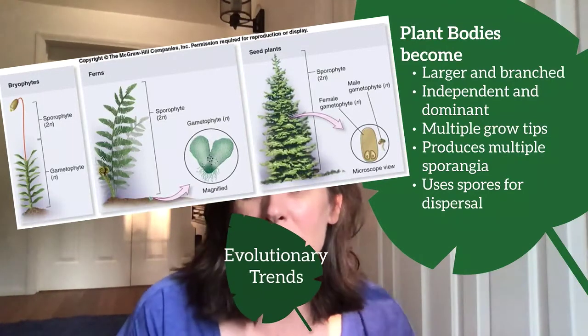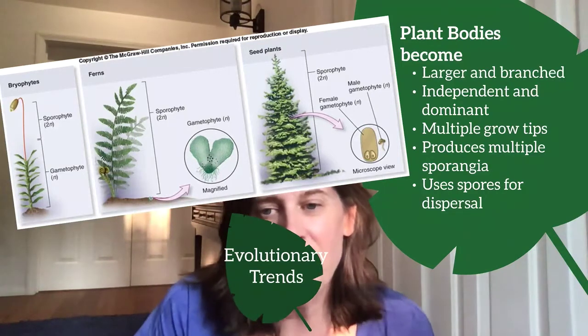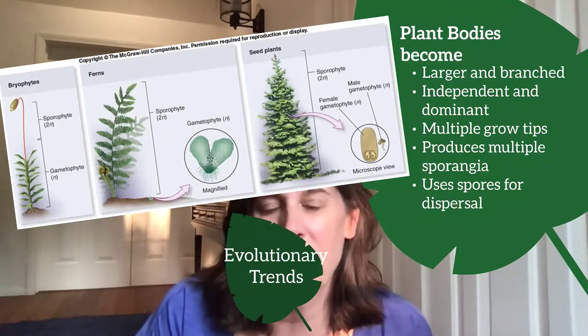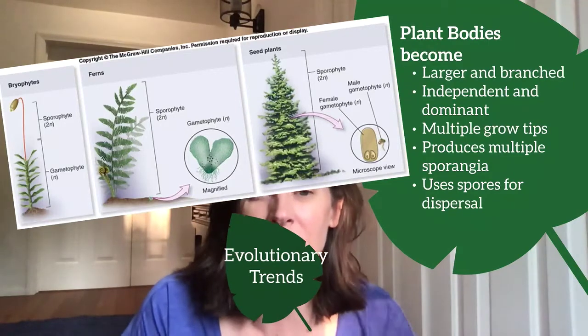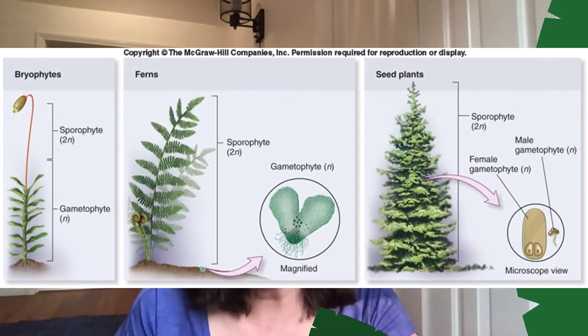But now if you move over to the right on this picture, you'll see the vascular plants. Here in this picture, it's indicated by the ferns, and then also the seed plants, where they're showing a conifer. What we're seeing now is that the sporophyte phase is becoming more dominant, right?